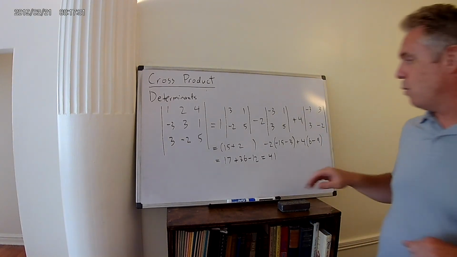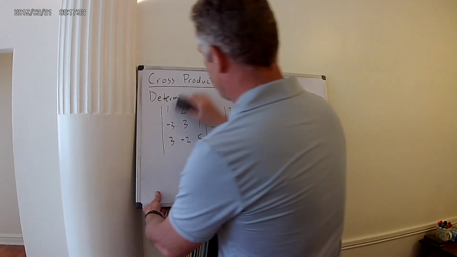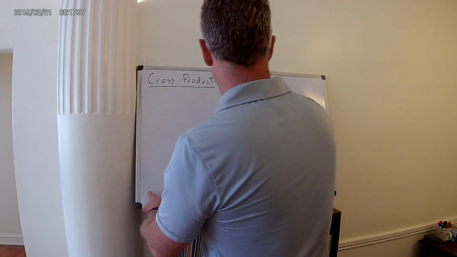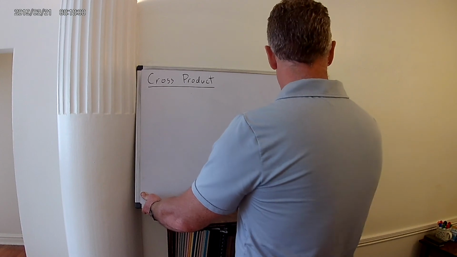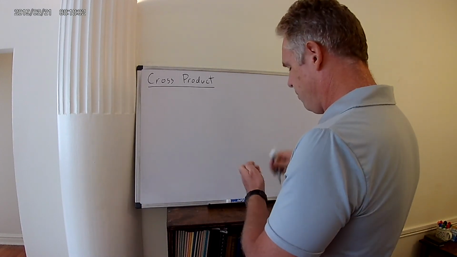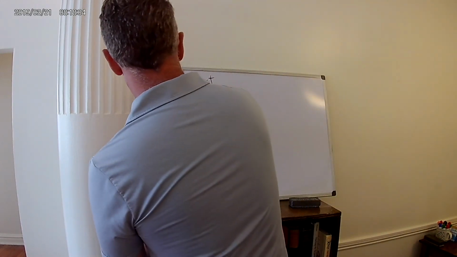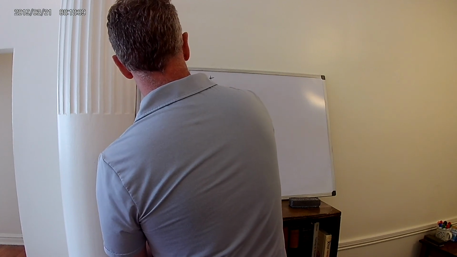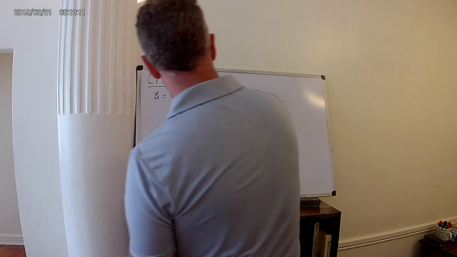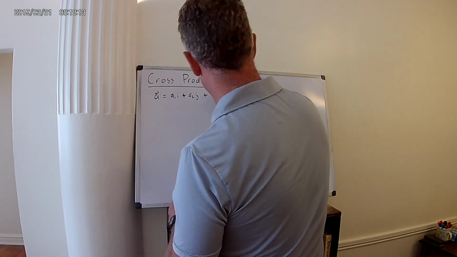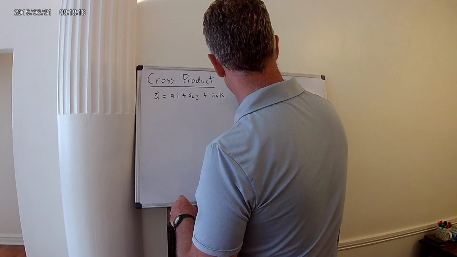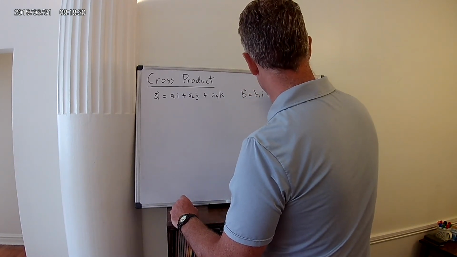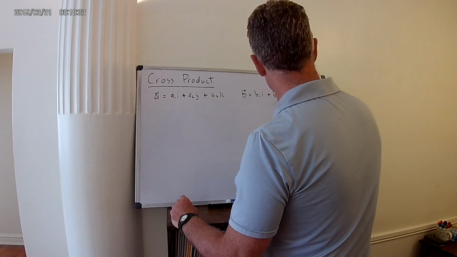Okay, now why is this important? This is important because the cross product is defined as being the determinant of a particular 3 by 3 matrix. So let's write that down here. If we have two vectors, vector A is equal to A1 i plus A2 j plus A3 k, and the second vector B is equal to B1 i plus B2 j plus B3 k.